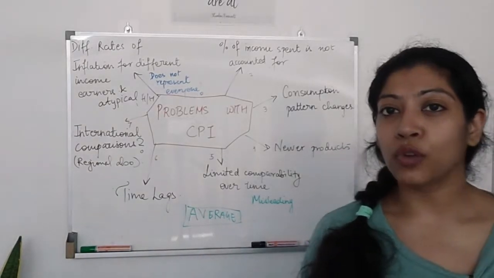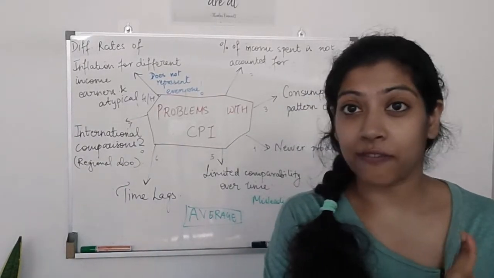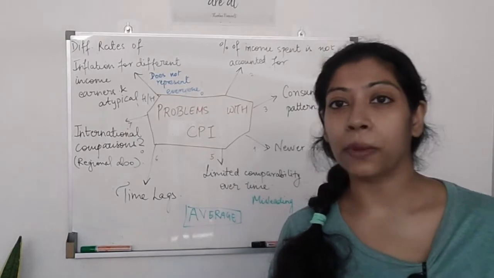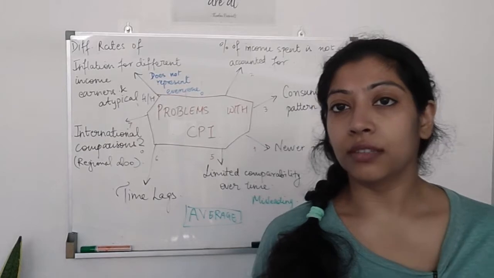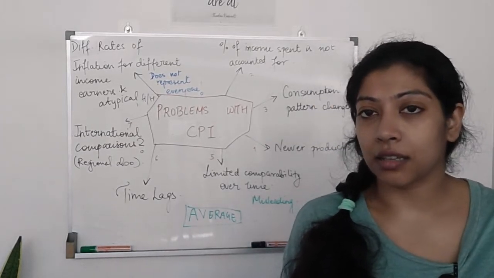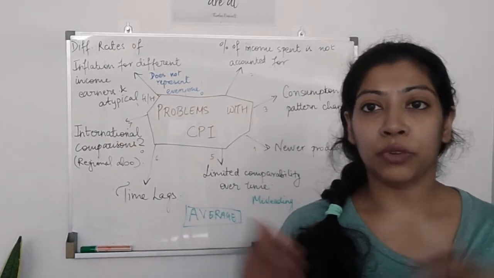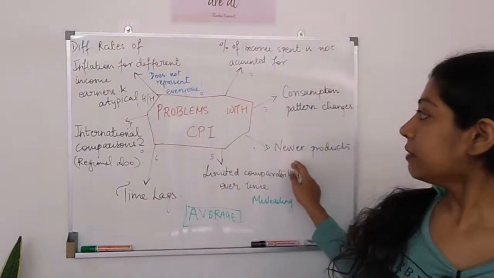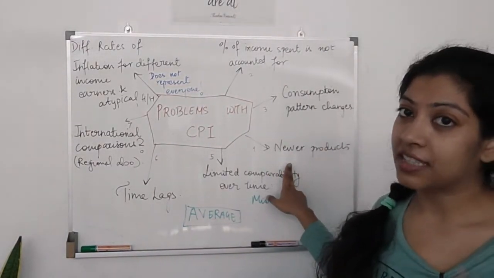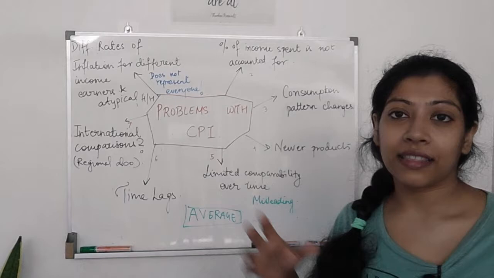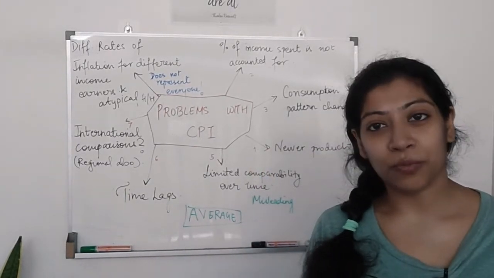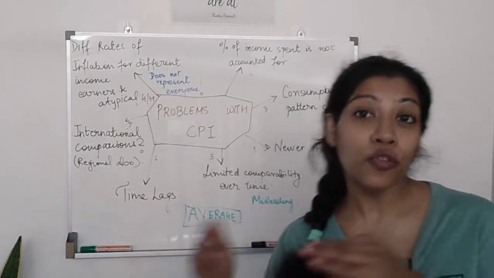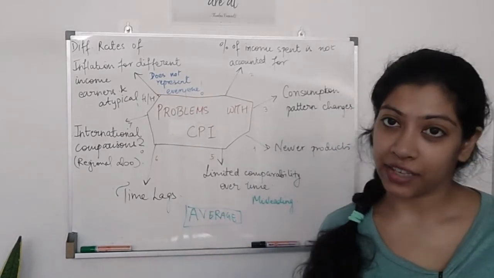Maybe a typical household has now completely shifted to Netflix and won't buy DVDs anymore because they have become obsolete, or the need for it has gone. It's pretty redundant. So if that is not representative in the CPI, if that is not taken into account, then the CPI is not going to be representative at all. It's going to overstate or understate the inflation.